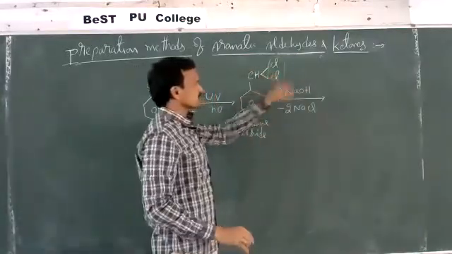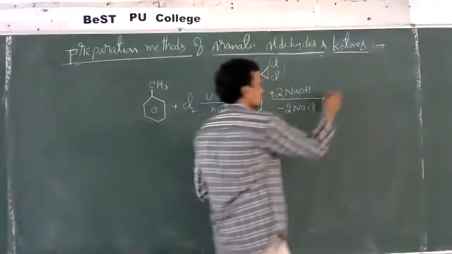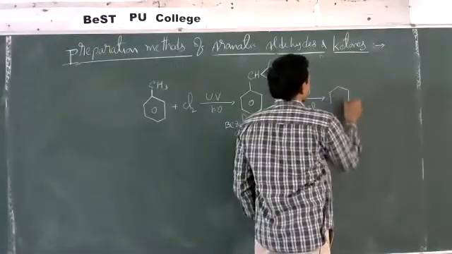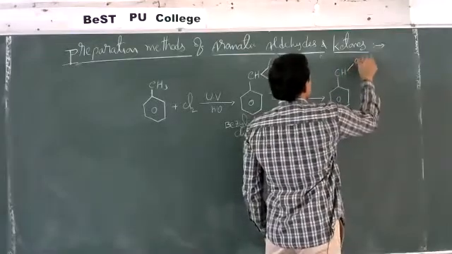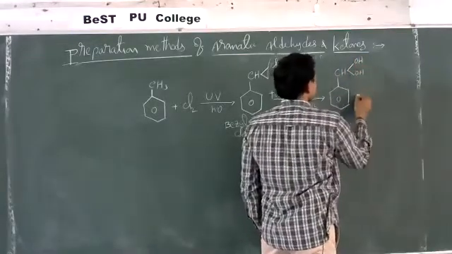That means Cl minus is replaced by OH minus. Then you get C6H5CH(OH) taken twice.